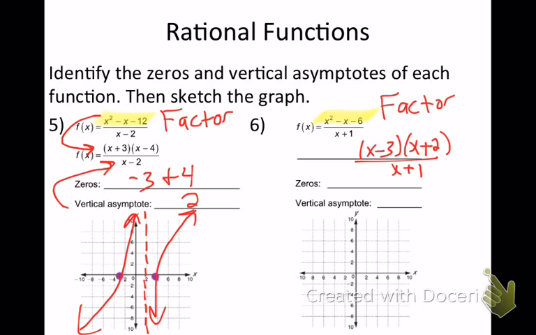So now where are my zeros located at? Negative 2 and 3. Where's my vertical asymptote located at? Negative 1. So I have a 0 at negative 2, a 0 at 3, a vertical asymptote at negative 1. And if I do my graph, I guess something looks like that on that one.